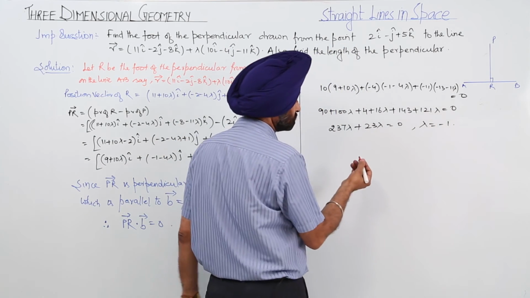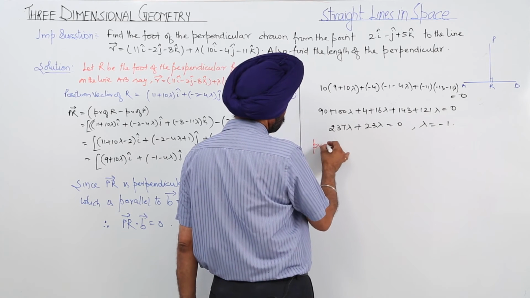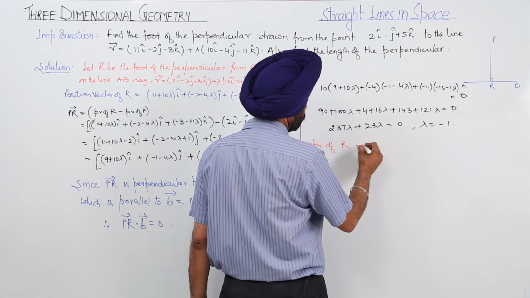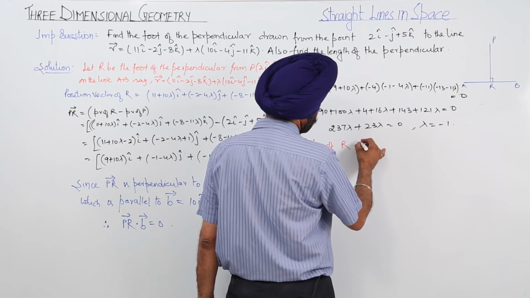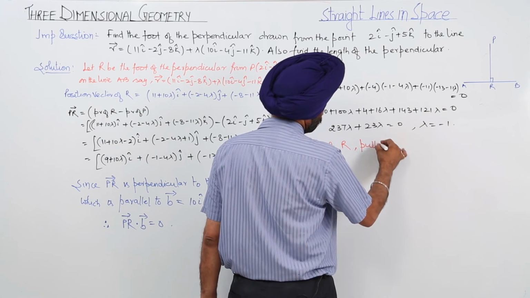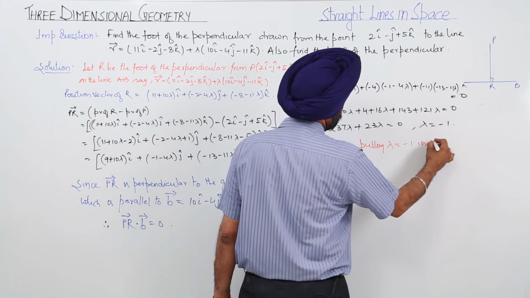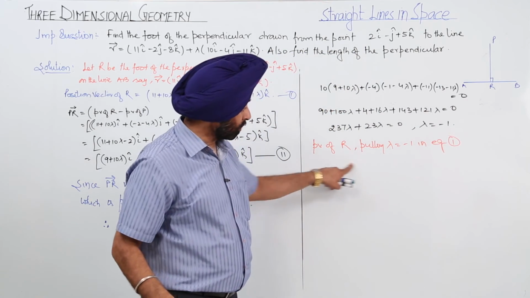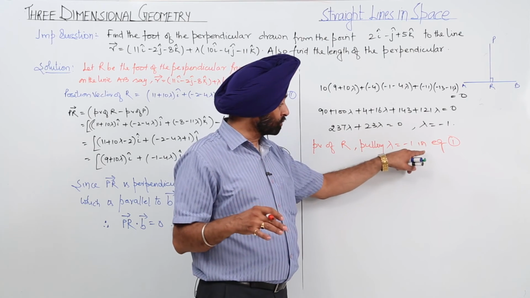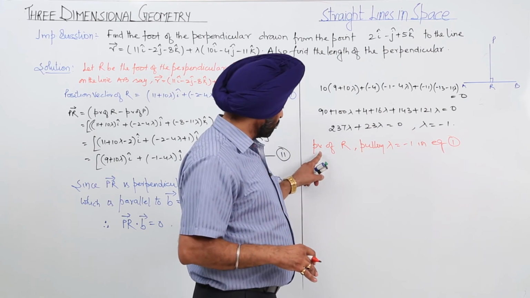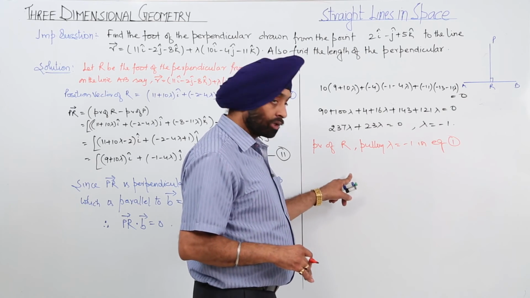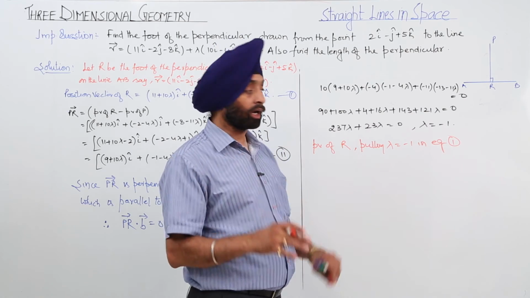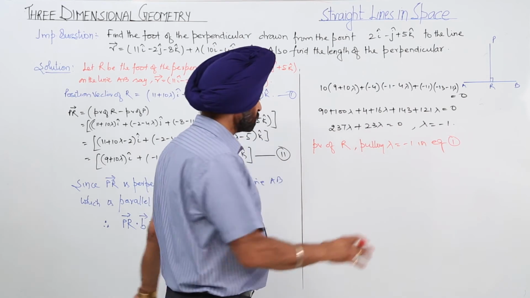Now position vector of R, putting lambda is equal to minus 1 in equation 1. Basically this is not required, but if you want you can use this also. We have to find position vector of R, then position vector of P, and then we can find magnitude of PR, or directly we can go for it. So I am just writing it.